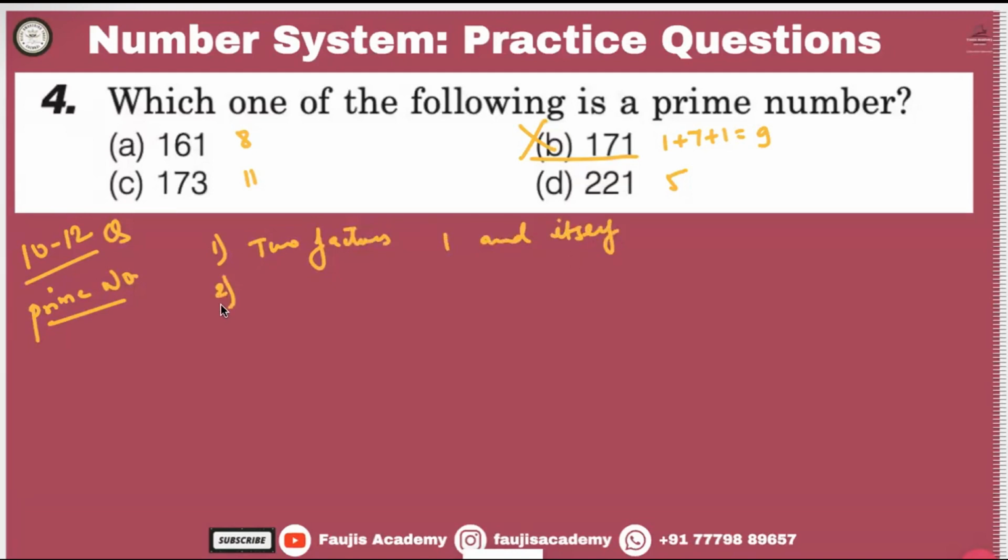Number two, I wanted to talk about the position of the prime number in a number line. It may be found at the place of 6x plus or minus 1, if this x is greater than, let's say, 2.